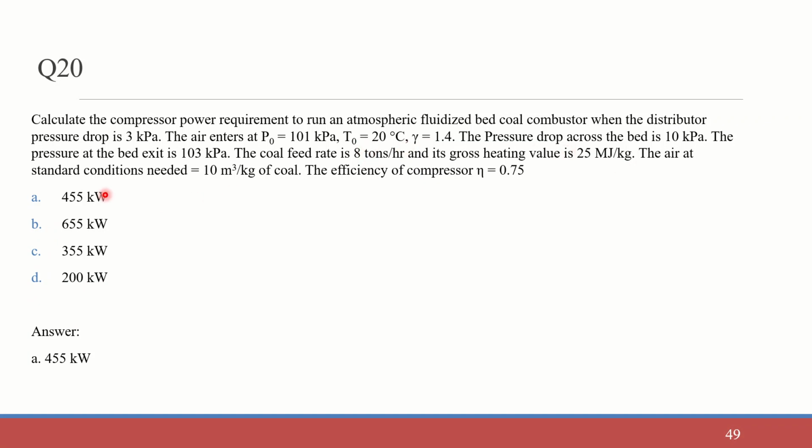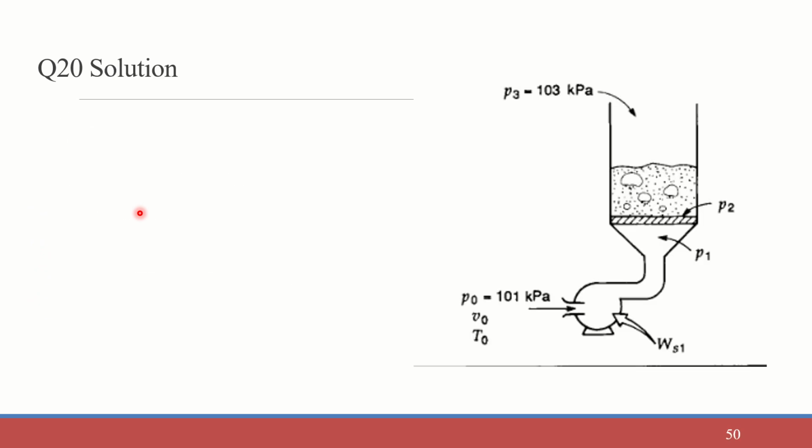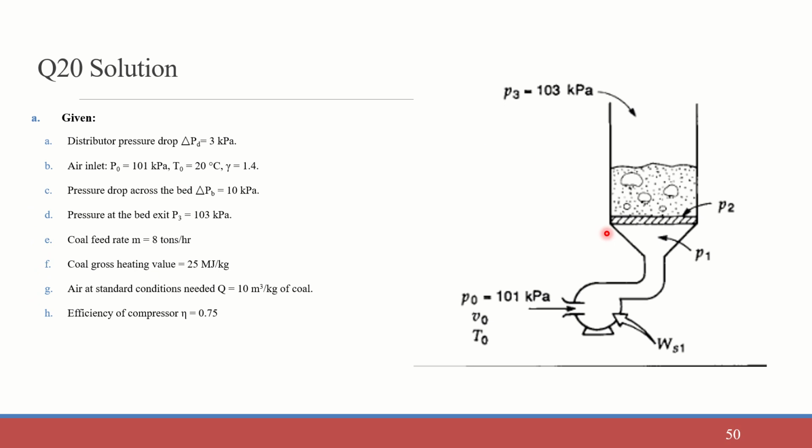For that, it is given that at standard condition we require 10 meter cube per kg of coal. To get the compressor power requirement we need to know the exit condition from the compressor. We aren't given it directly, rather it is given in terms of these things. We'll see it in the next slide.